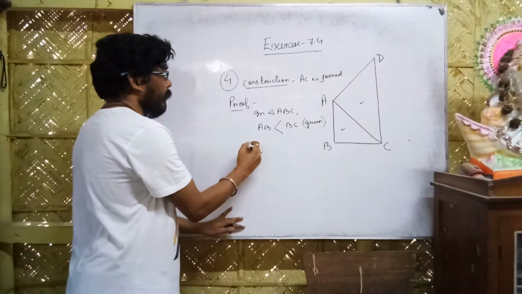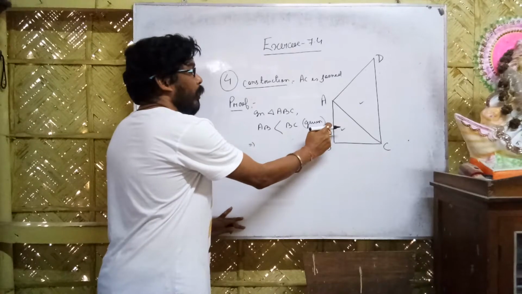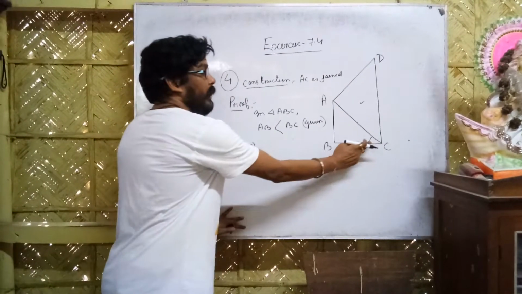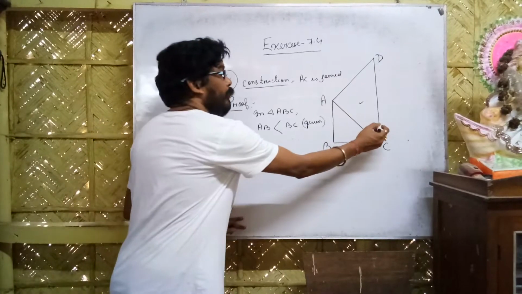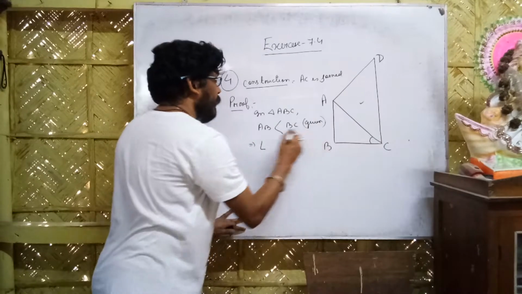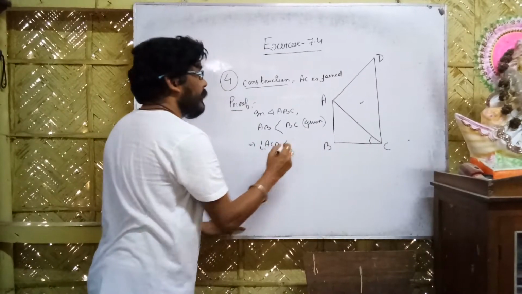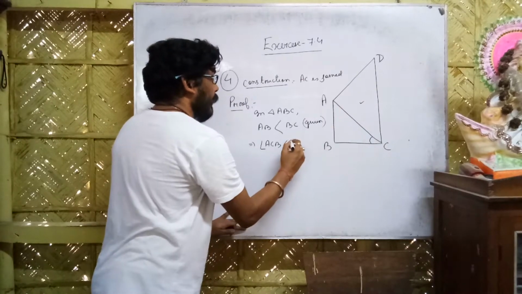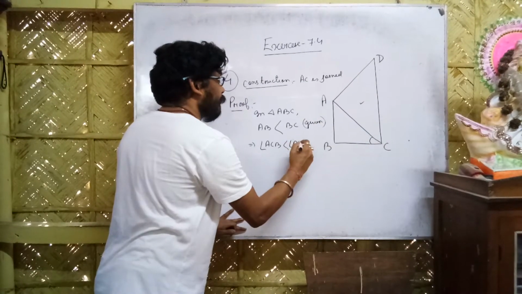So AB is the side, opposite to this side what is the angle? This is the angle. You can't write here angle C because angle C, if we say it is complete, this is a part of angle C. We will write angle ACB less than, opposite to side BC, this one, angle BAC.